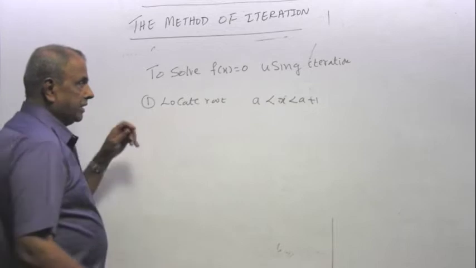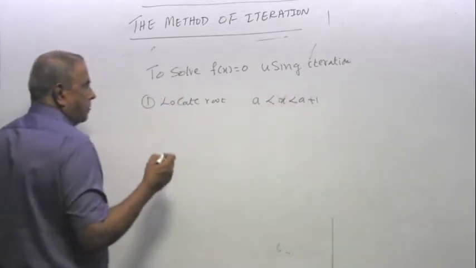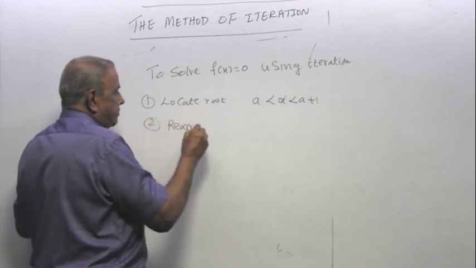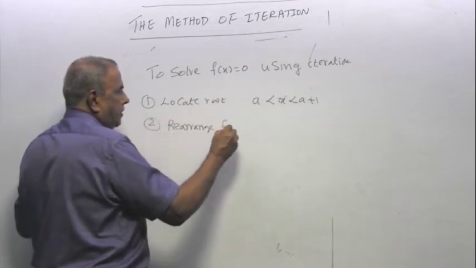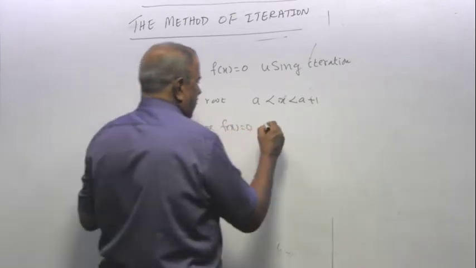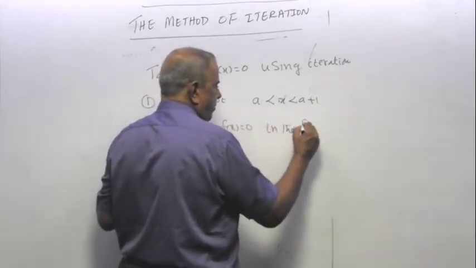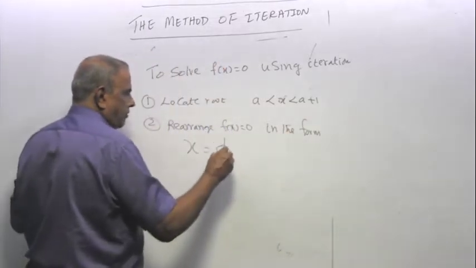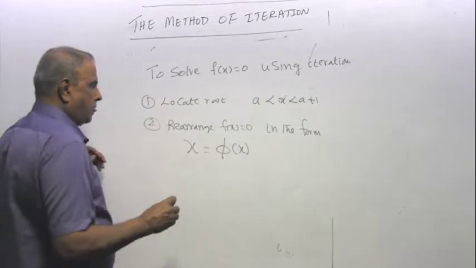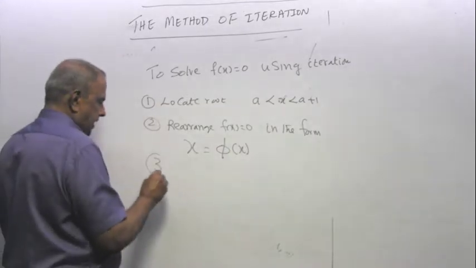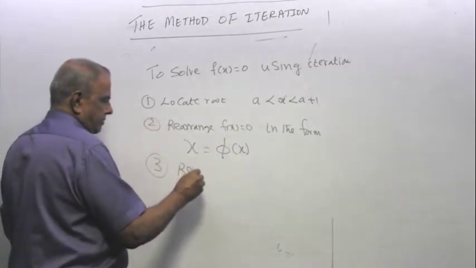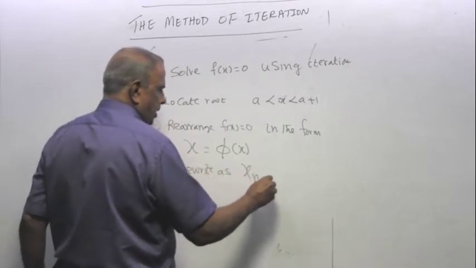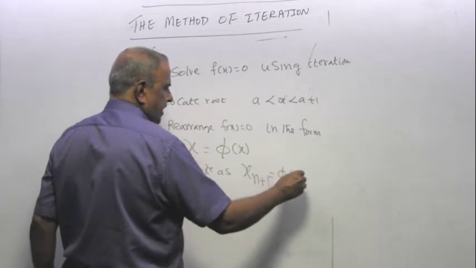Then number 2, rearrange f of x equal to 0 in the form x equal to phi of x. Number 3, rewrite it as x n plus 1 equal to phi of x n.